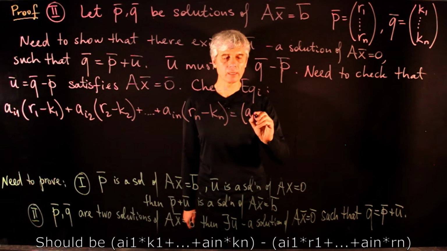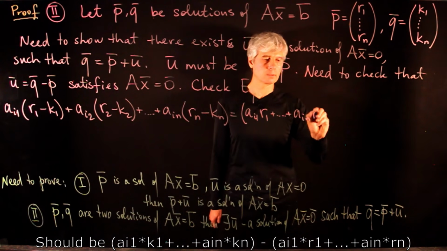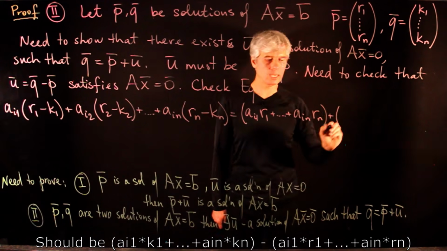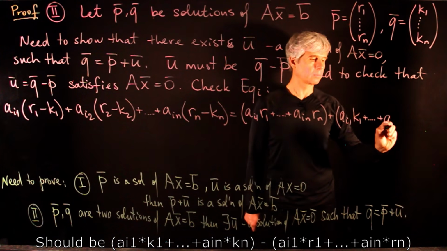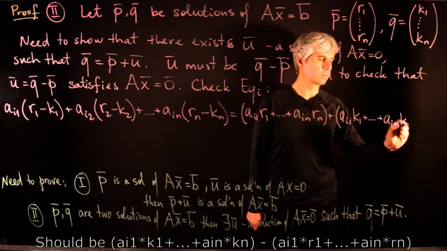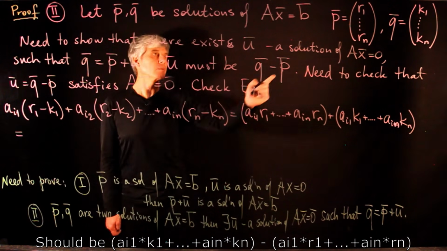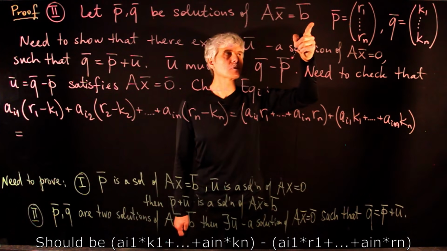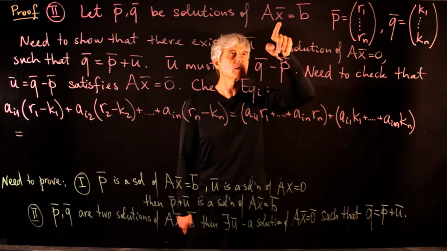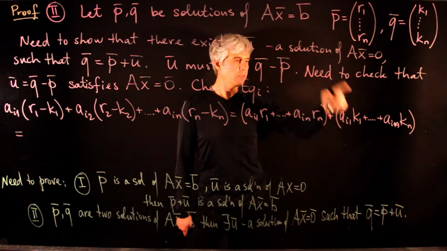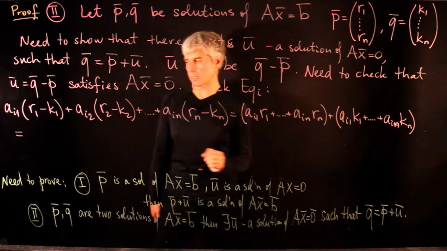The first part is with r's, and the second part is with k's. Now, we knew that p and q were solutions of Ax equals b. In the first part, we are substituting p in equation number i of this system, and in the second part, we substitute q in equation number i of the same system.